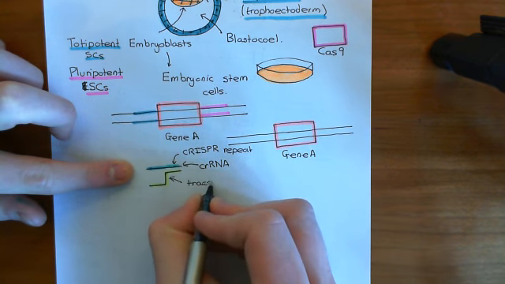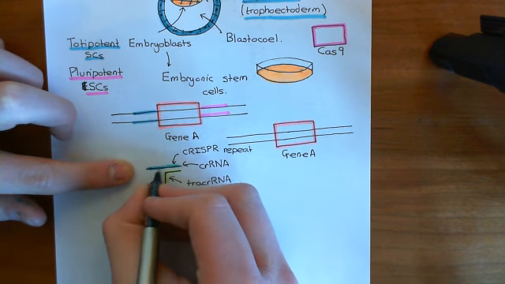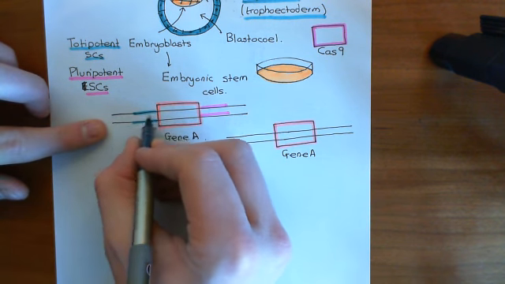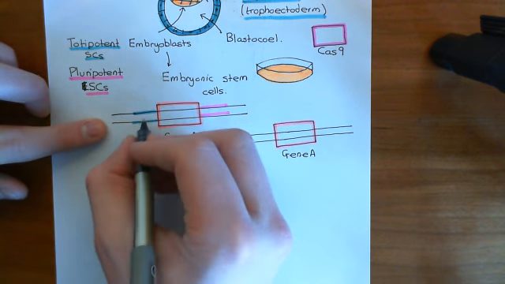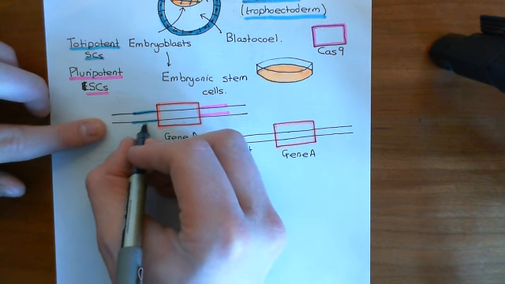Without that we haven't got anything, basically. Then we can design this portion here so that it will be complementary to one of the strands within this DNA. We'll say it's going to be complementary to this portion of this strand here.